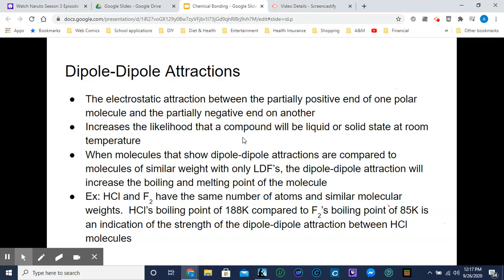Hydrogen chloride's molecular weight is 36, fluorine's is 38. So they're very similar in molecular weight. But hydrogen chloride's boiling point is 188 Kelvin compared to fluorine's boiling point, which is 85 Kelvin. And that is because the hydrogen chloride is showing a dipole-dipole attraction, and fluorine is only showing London dispersion forces.